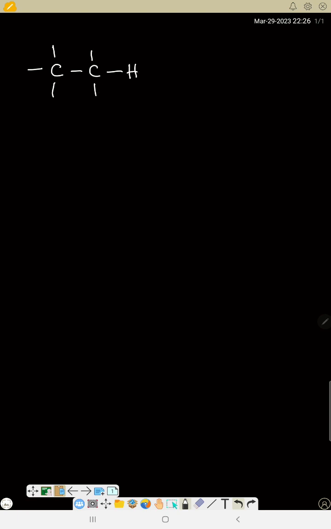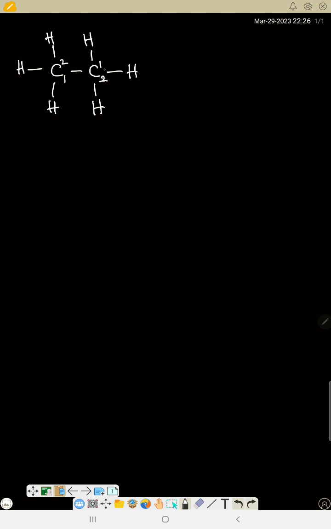So let's say we have this. How can we name this? Before you name, you have to number the carbon forward, also backward. By the time we see different questions, you will see the usefulness of naming forward and backward.